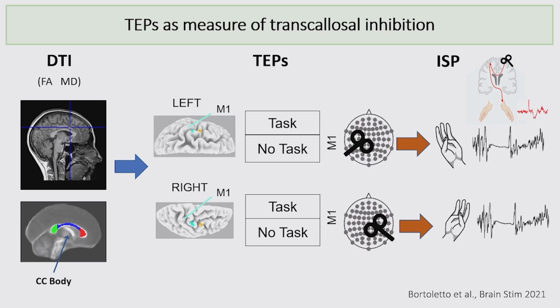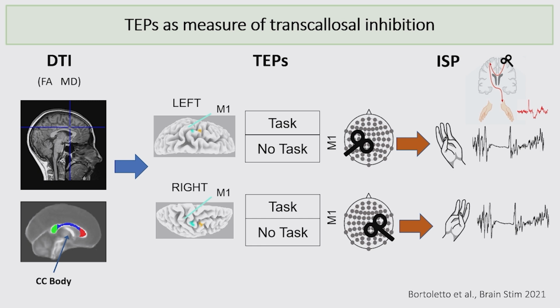In our first study, we collected DTI measures and TEPs in an ipsilateral silent period paradigm. This is because the ipsilateral silent period is an established measure of interhemispheric inhibition that is collected from the hand ipsilateral to the stimulation.